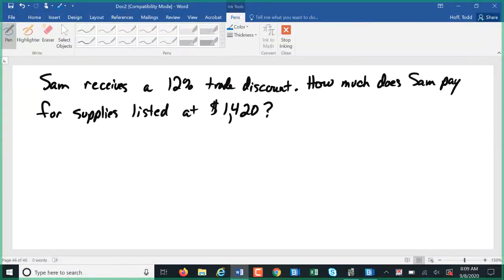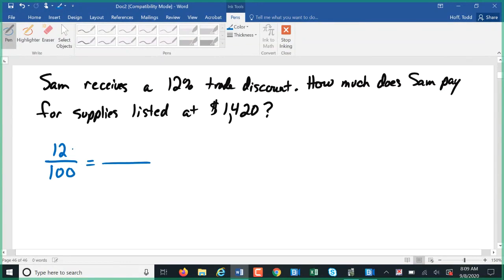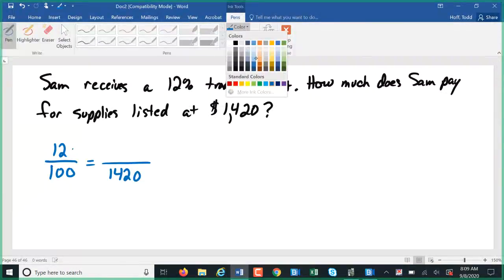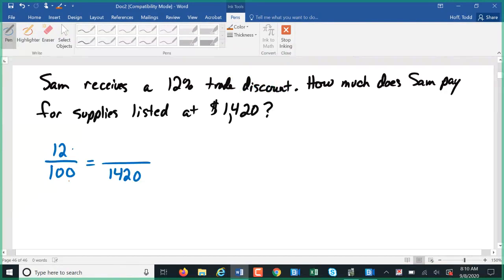Now, many people would go to set this up. They'd take that 12%. They'd do 12 out of 100. And then the 1420 goes on bottom. Well, let's take a look at what these numbers here represent. The 100, of course, is the base amount. That's the full price, or in this case, the list price.